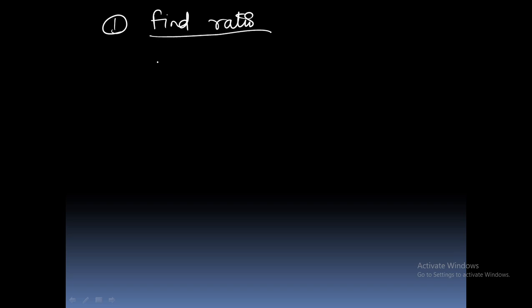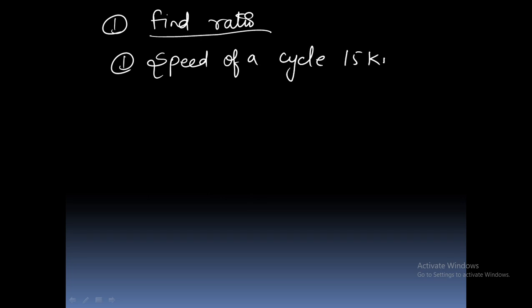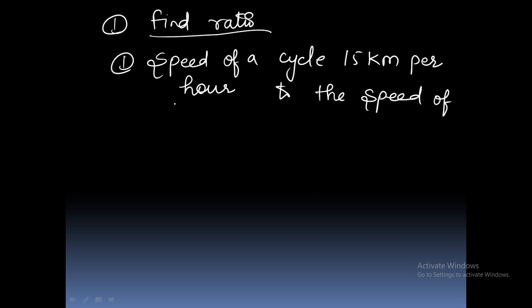How to find ratio? If we have given this statement, the speed of a cycle 15 km per hour to the speed of a scooter 30 km per hour. How to find the ratio?